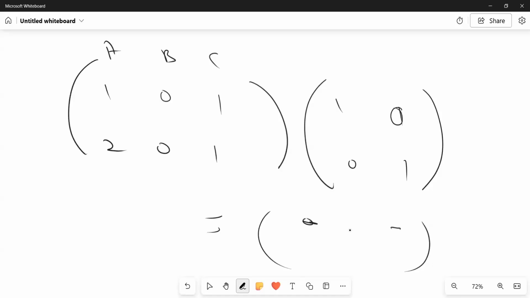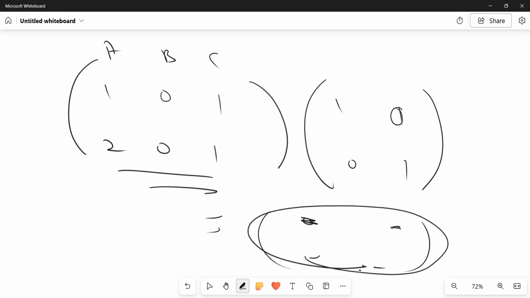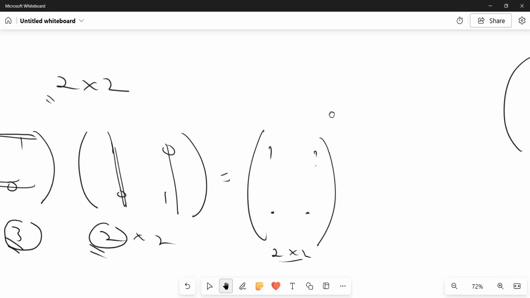You end up with a number there, a number there, a number there, a number there. So what have you done with the triangle? When you multiply it by this 2 by 2 matrix, the answer is meaningless, right? What is this 2 by 2 matrix? It makes no sense.